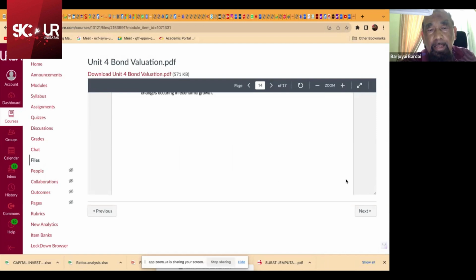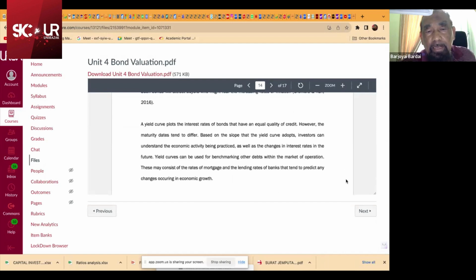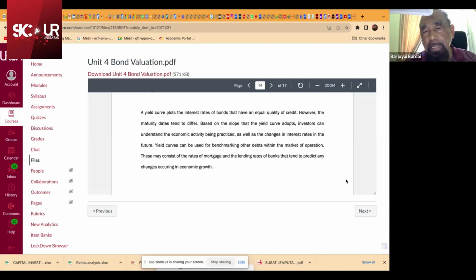Yield curve. A yield curve plots the interest rate of bonds that have an equal quality of credit. However, the maturity dates tend to be deeper, and based on the slope that the yield curve adopts, investors can understand the economic activity being practiced as well as the changes in the interest rate in the future.